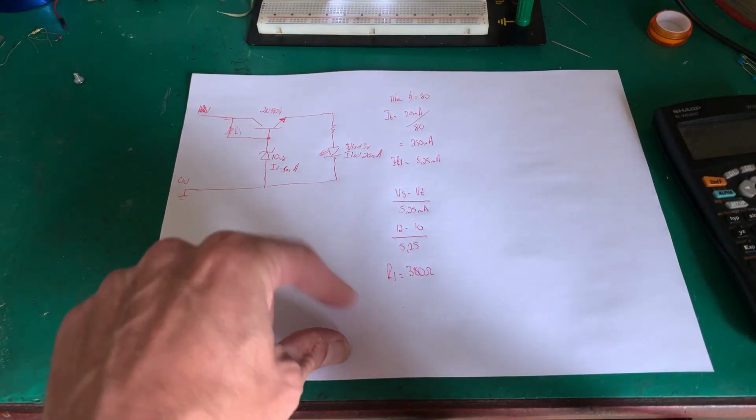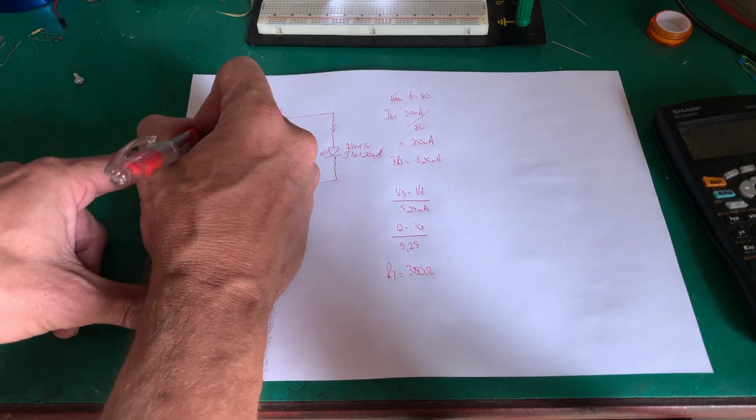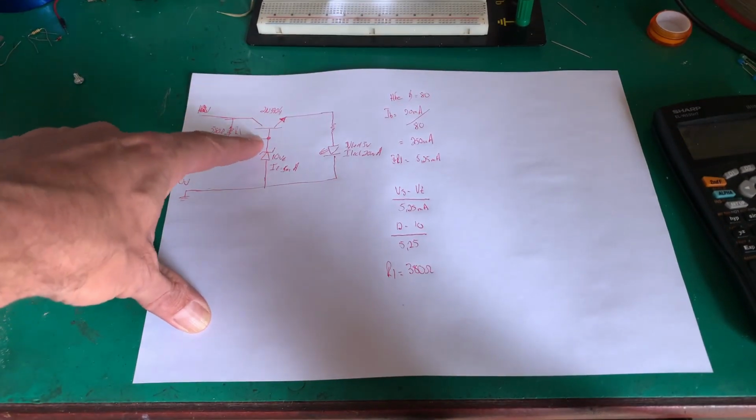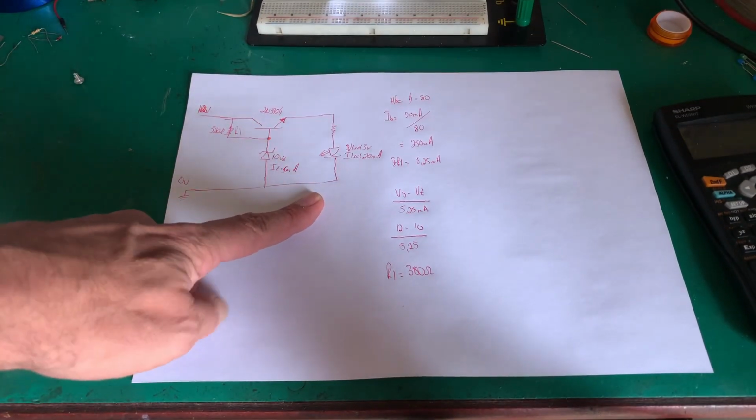Very simple. So we'll make that resistor 380, and that should serve our transistor fine.